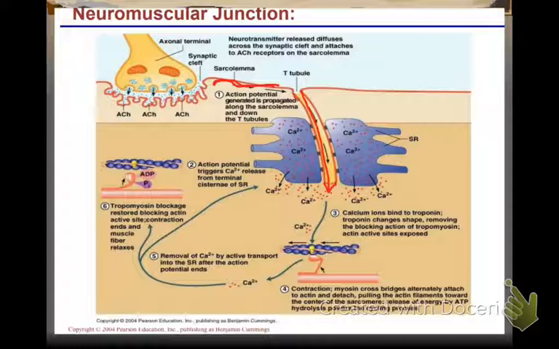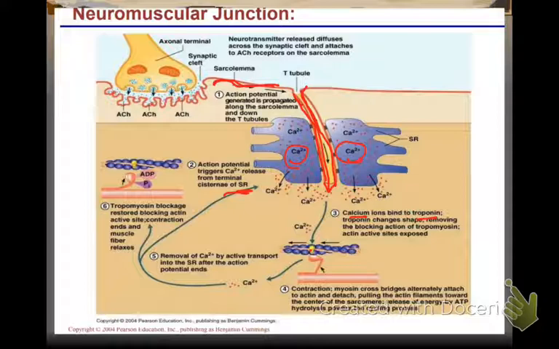When the membrane, the sarcolemma, is stimulated, when that action potential travels down, and this is a chemical electrical charge, calcium spills out of the sarcoplasmic reticulum, which is just endoplasmic reticulum found inside of a muscle cell. When the calcium ions spill out, they bind to the troponin.